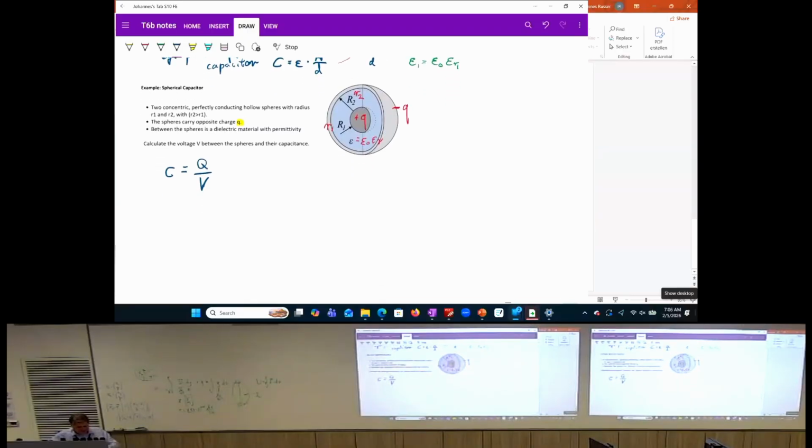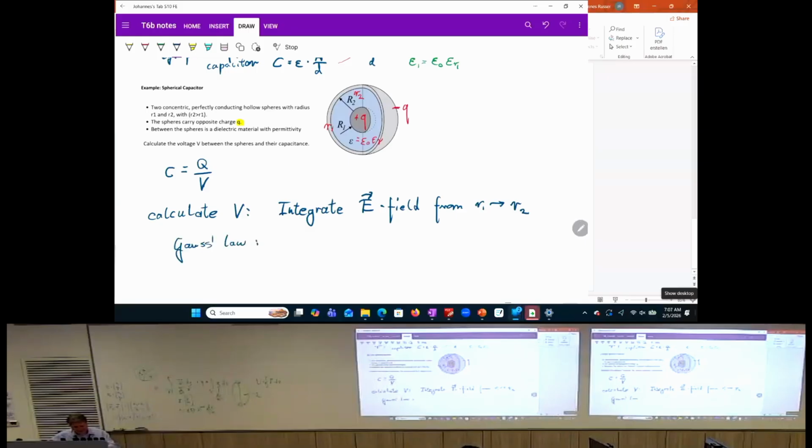And we want to calculate first the voltage that we do by integrating the E field from R1 to R2. So first step, we need Gauss's law that tells us that the charge enclosed is whatever is in this control volume.